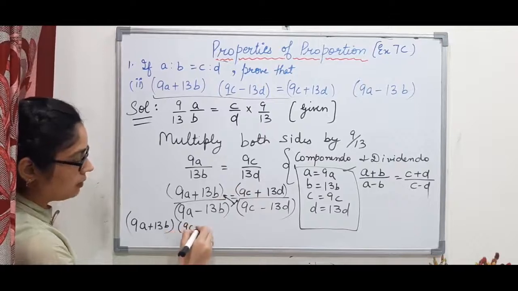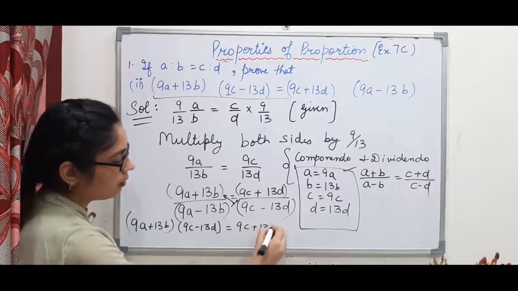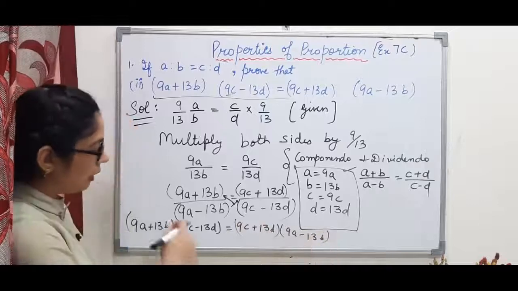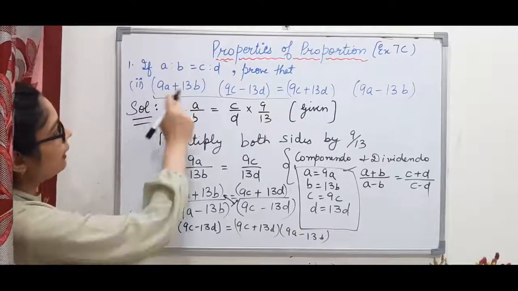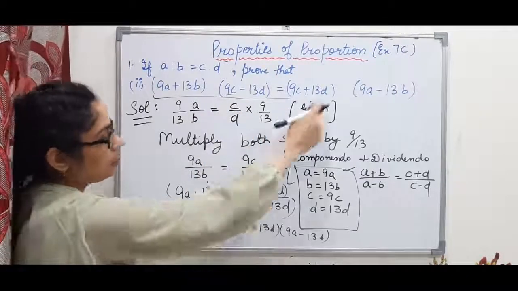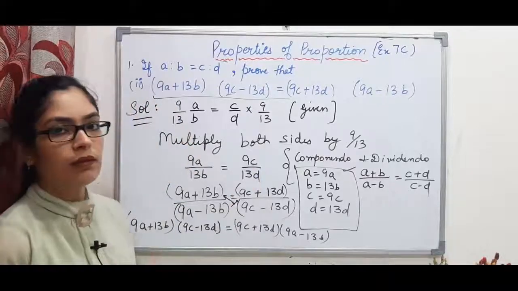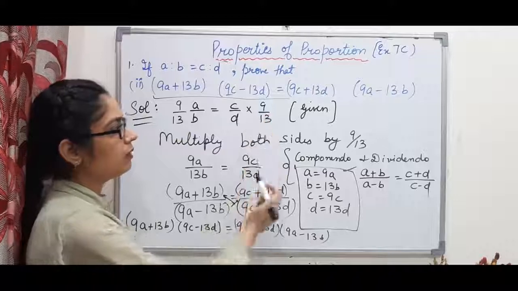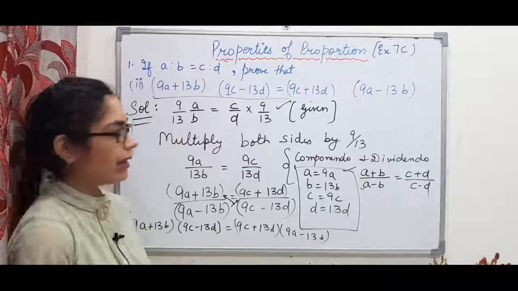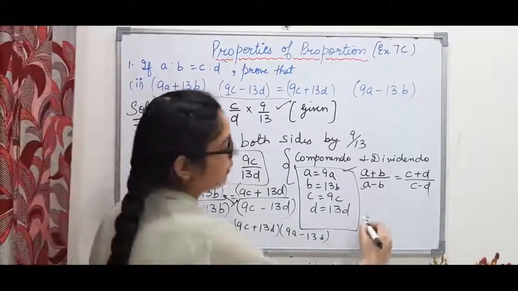So 9a plus 13b into 9c minus 13d is equal to 9c plus 13d into 9a minus 13b. Same thing like the way we did the previous question: we multiplied both the sides, then applied componendo and dividendo as per these values of a, b, c and d, and we got the required result. So you can write hence proved.